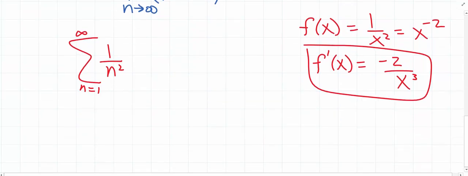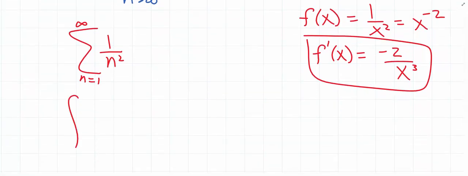Now here's what the integral test does. What we do is we write this as 1 over x squared, and I'm going to go from 1 to infinity. So I'm going to evaluate that integral and see if it converges. Now this is going to actually give me a value if it converges. That's not the value of the series. That's not what the series converges to. That just tells me the series converges.